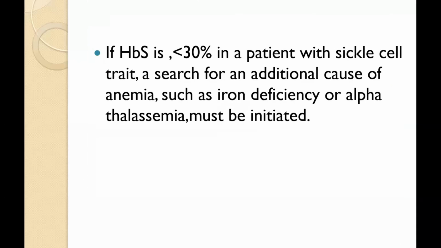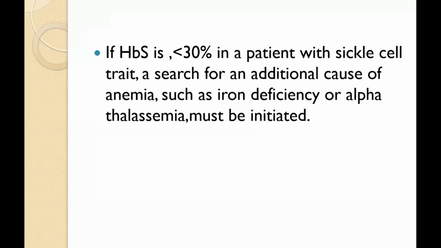And sometimes what happens, when we perform CBC and we suspect, and we find in HB electrophoresis an abnormal band in the region of HbS, that is in the region of sickle hemoglobin. If this sickle hemoglobin is less than 30%, we have to be very, very careful, because in sickle cell trait, sickle hemoglobin is more than 30%.